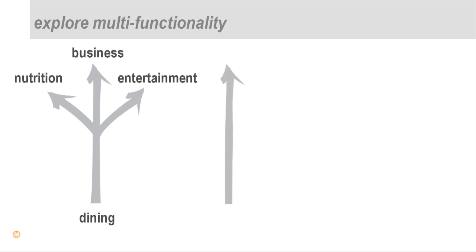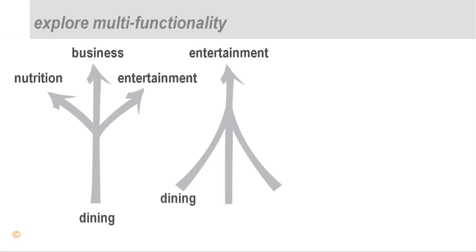For example, we can go out to eat in order to nourish our body, do some business, have some fun. Or we could take one outcome, one end, and there are different activities which we could use to achieve that end. So if entertainment is our aim, we could go and dine, we could do some conversation, I could read a book. They all serve the achievement of that one end.